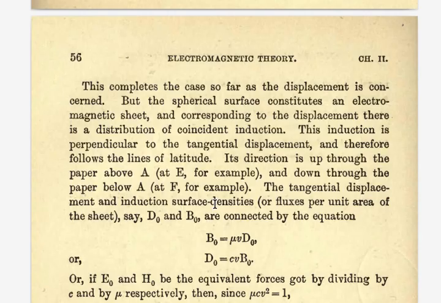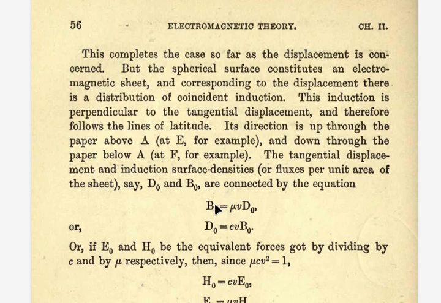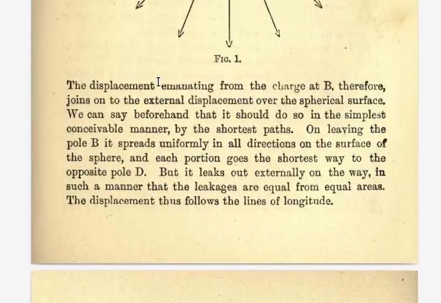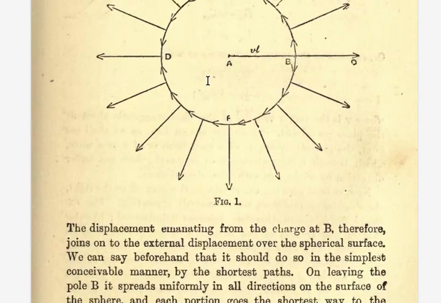But the spherical surface constitutes an electromagnetic sheet, and corresponding to the displacement there is a distribution of coincident induction. This induction is perpendicular to the tangential displacement, and therefore follows the lines of latitude. Its direction is up through the paper above A at E, for example, and down through the paper below A at F, for example.